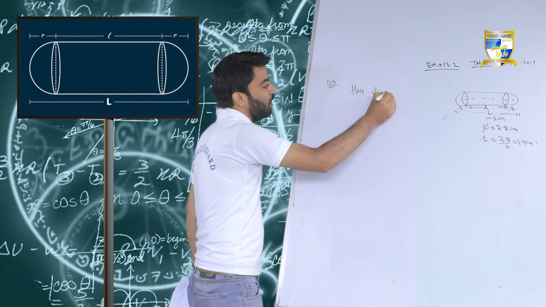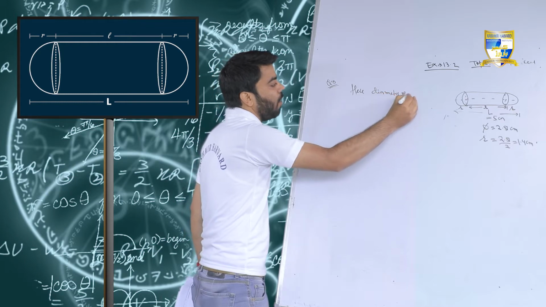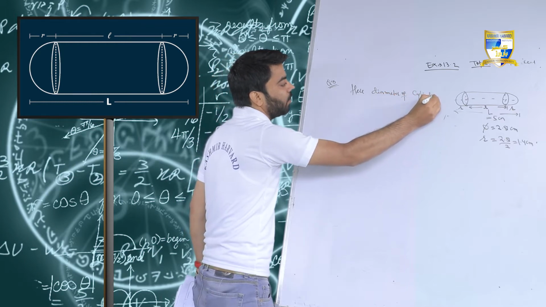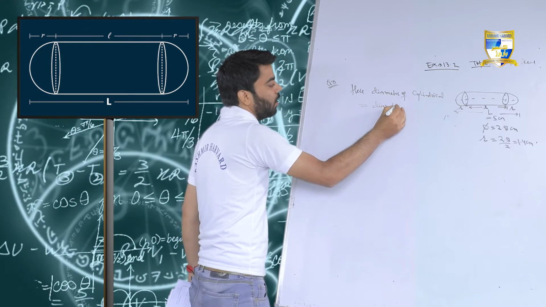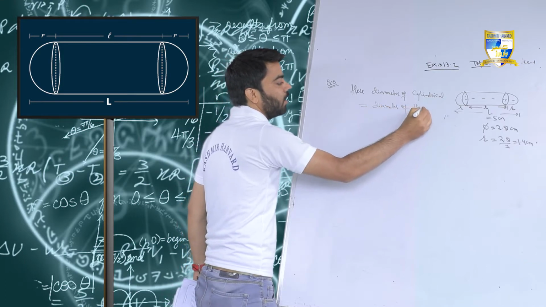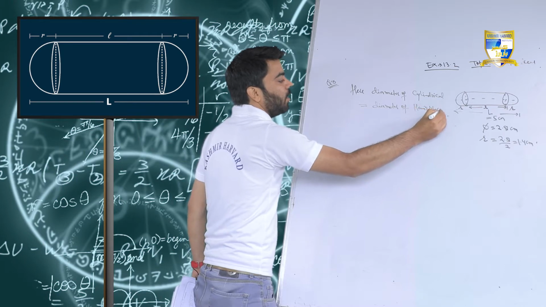Here, the diameter of the cylindrical part is equal to the diameter of the hemisphere. This is simple.